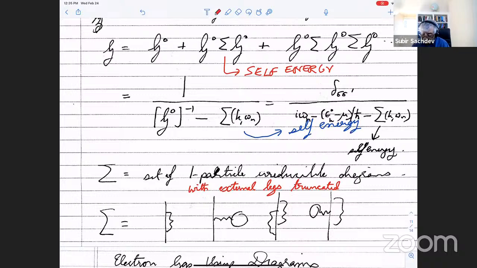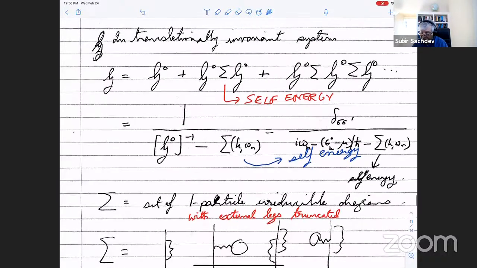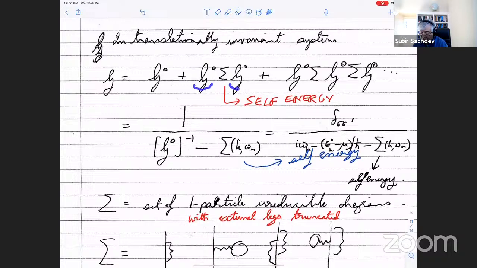Sigma here is this diagram, except you don't count the G naught here and you don't count the G naught here. That's what it means to truncate the external legs. So it's just this V and this G naught. This thing is only this V and this G naught, and so on. Here you truncate this leg, and that's it. Truncate that one and that one. The reason you truncate them is that they're already included here, the G naught here. So these are the external legs to begin with.